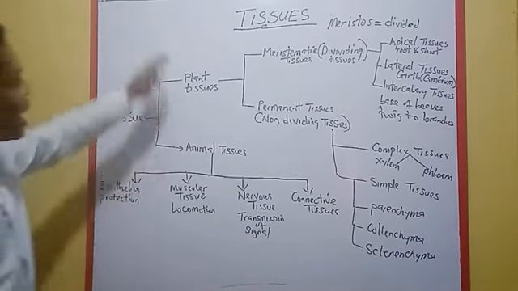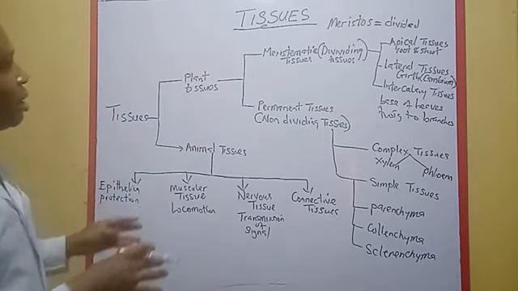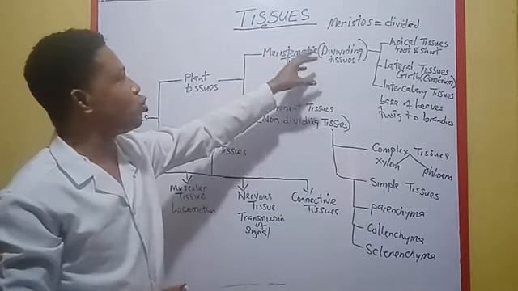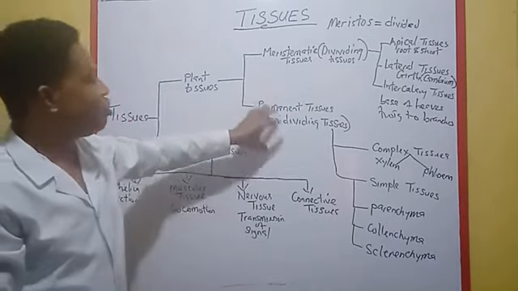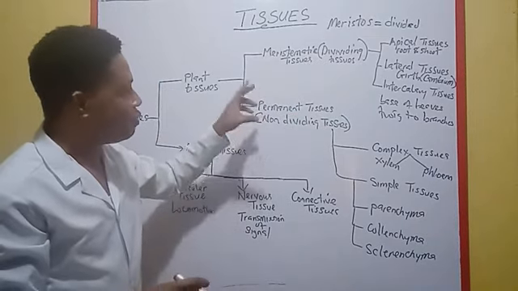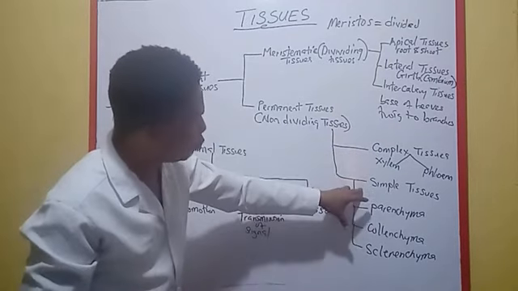So these are the various plant tissues and animal tissues. Like I said, the meristematic tissues are also known as the dividing tissue because they divide, while the permanent tissues do not divide. The permanent tissue can be divided into the complex tissue and the simple tissues.